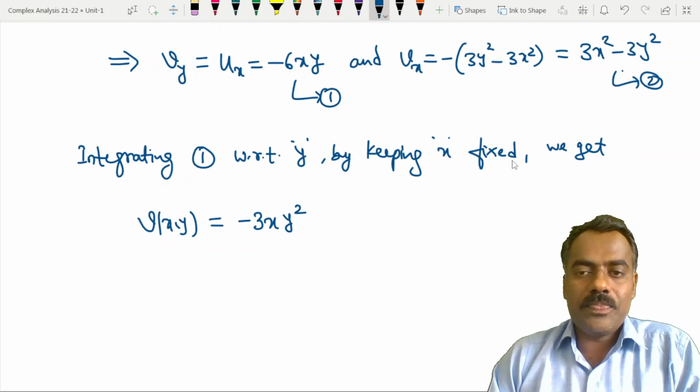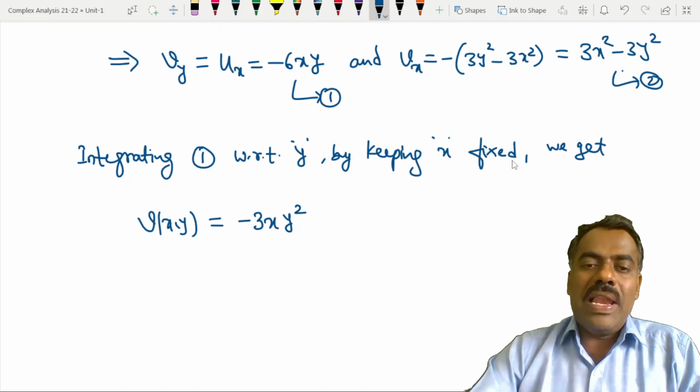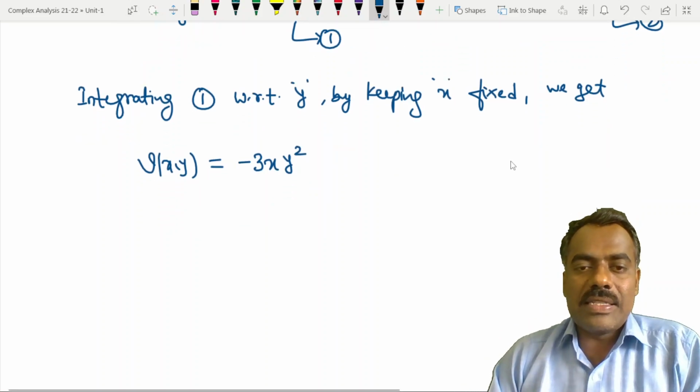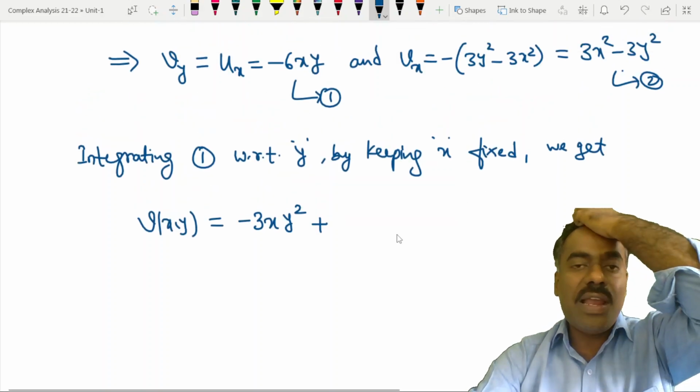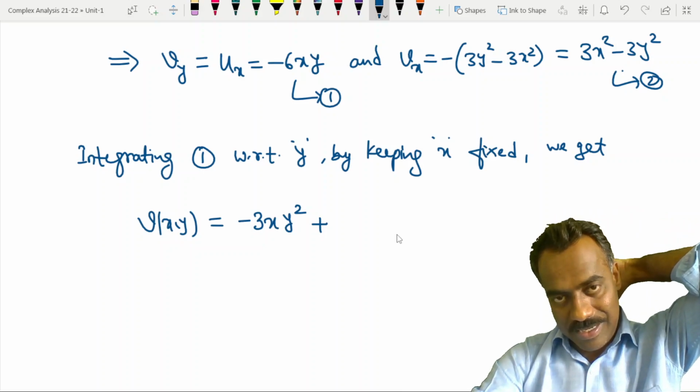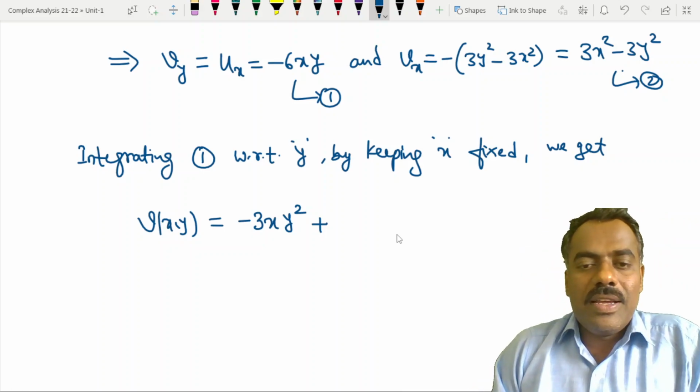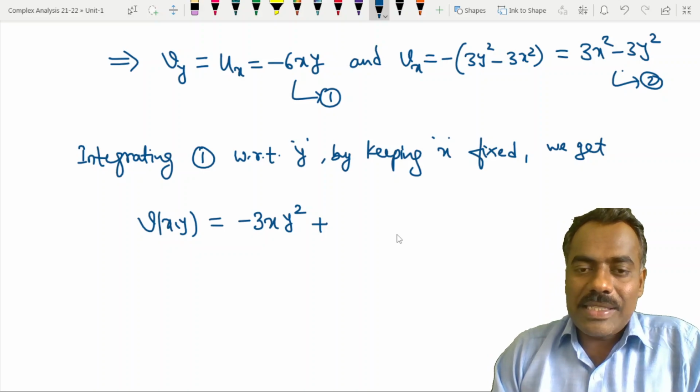Yes or no? But is this only, or you will have something plus some constant? Because when you are integrating, you will have some constant, right? Plus some c. Yes or no?